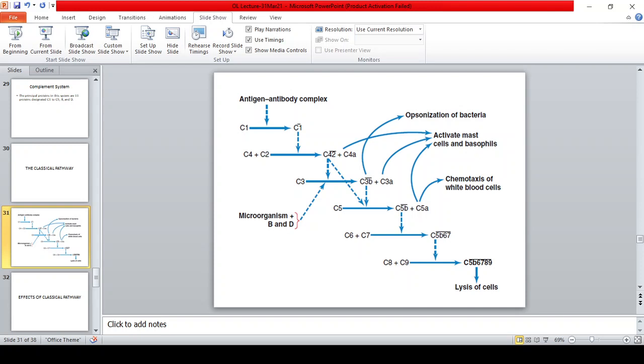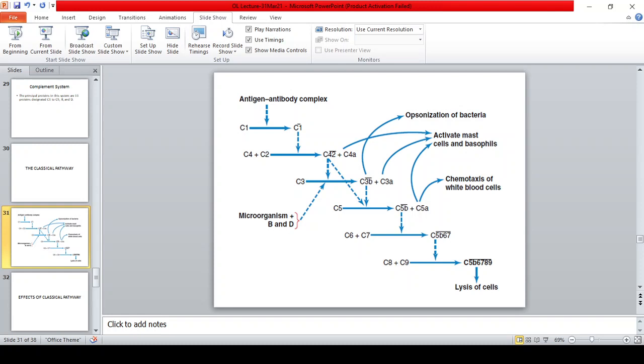proteins, enzyme precursors, leading to the formation of C5b67. Now this acts on the C8 and C9 proteins, and it leads to the formation of C5b6789. So this is called the lytic complex, and this causes basically lysis of the cells.